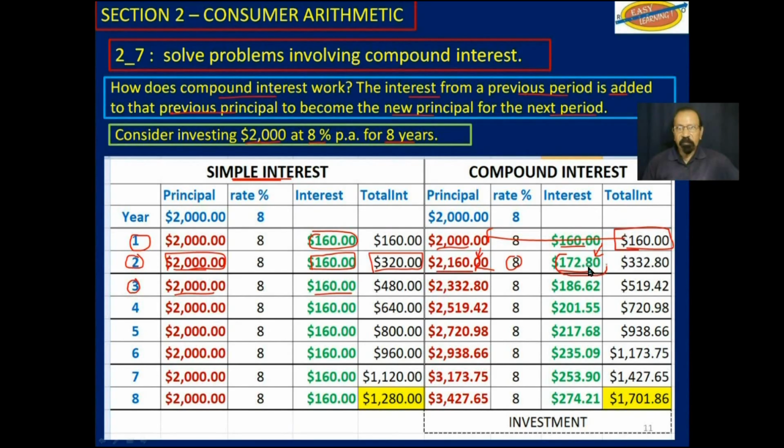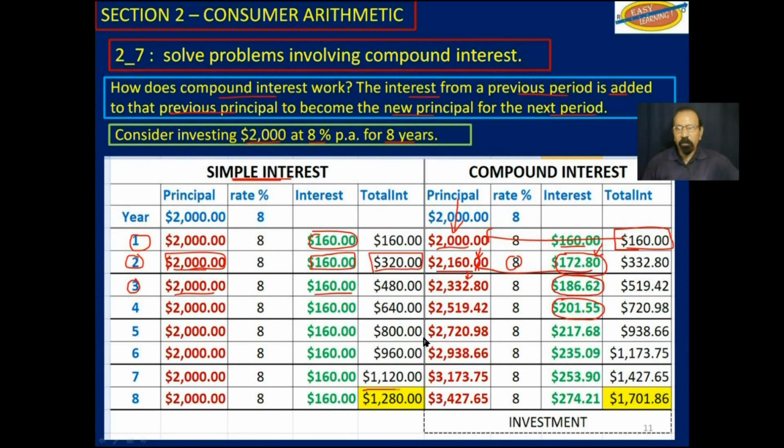This $172.80 is now added to that 2,160 to give us $2,332.80, and so on. So notice that this interest keeps increasing all the time because this principal that you have here keeps increasing as you added the previous interest to make up the new principal.